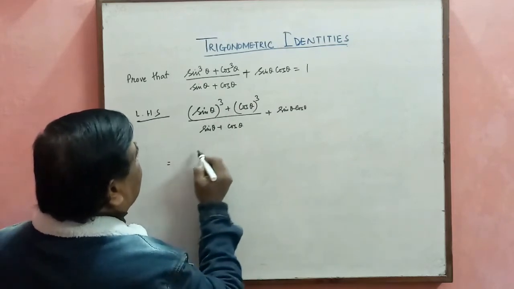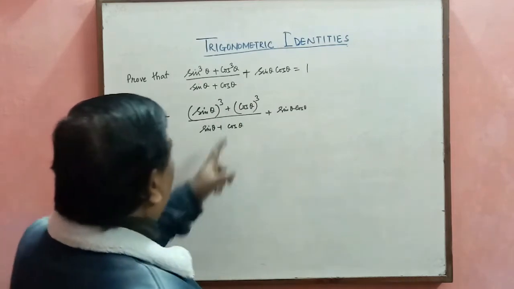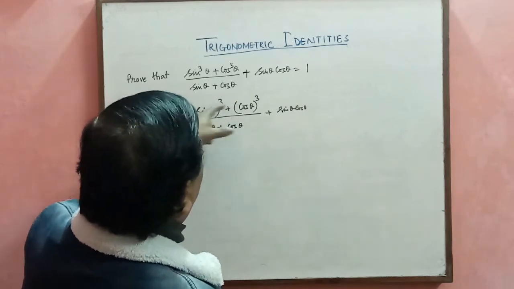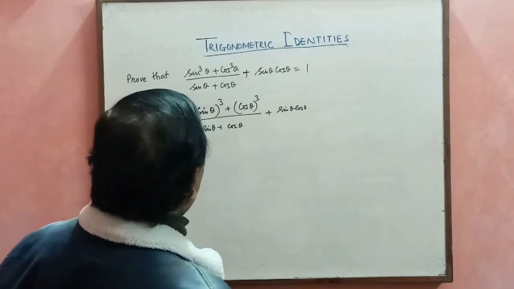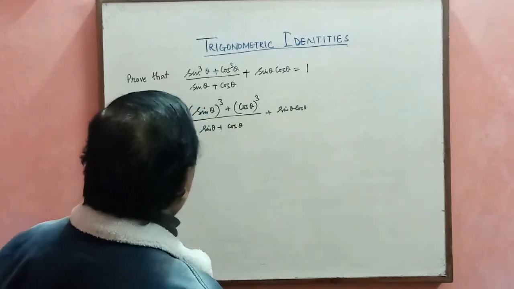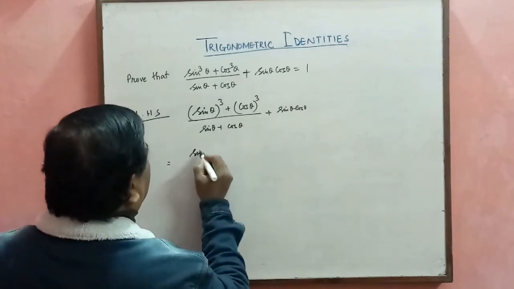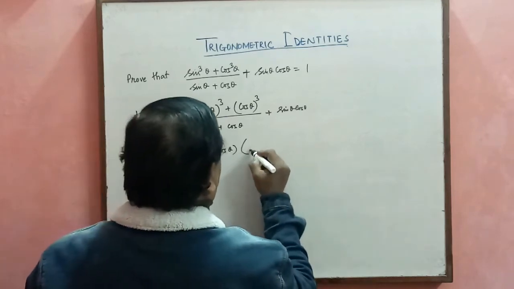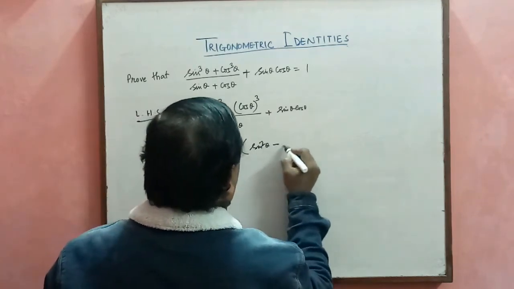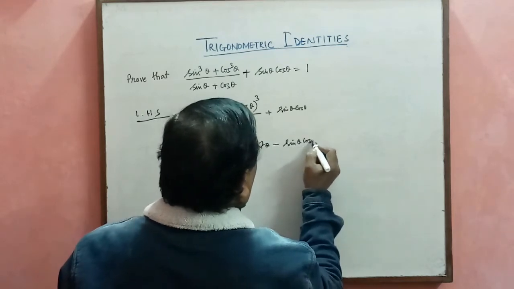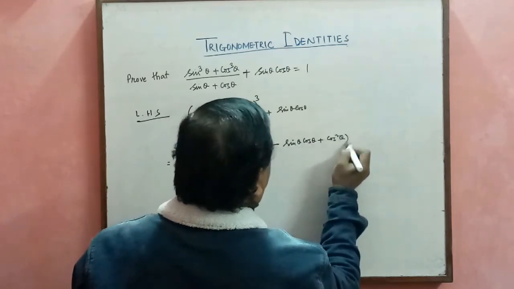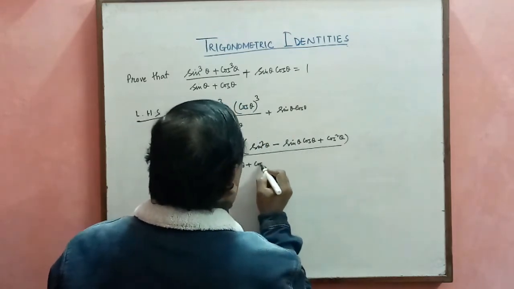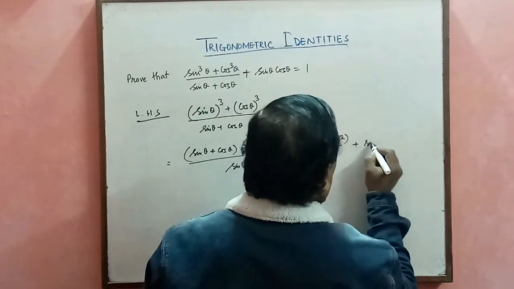Here we will use the factor formula, because here we don't need to use that identity which is used for numerical value finding. Here we will go with this identity, (a plus b) into (a square minus ab plus b square) upon (sin theta plus cos theta) plus sin theta cos theta.